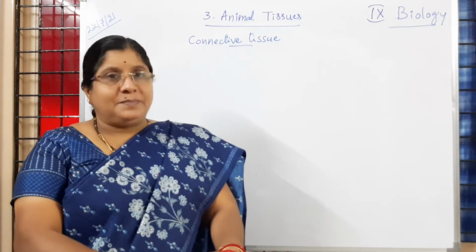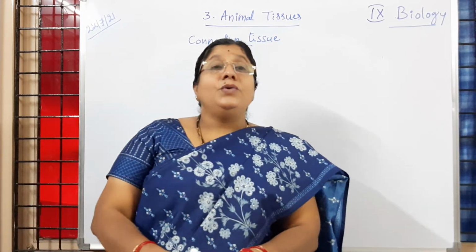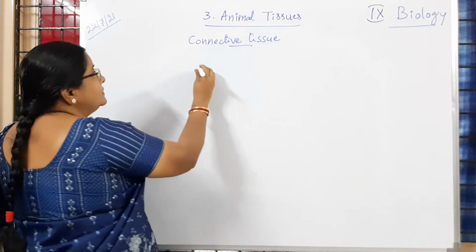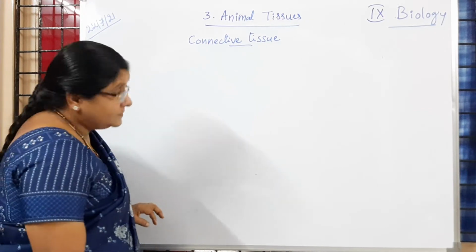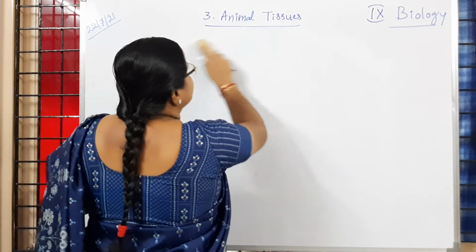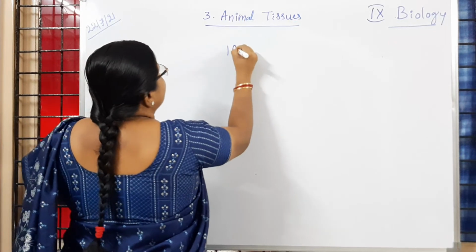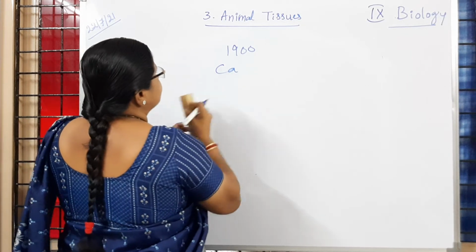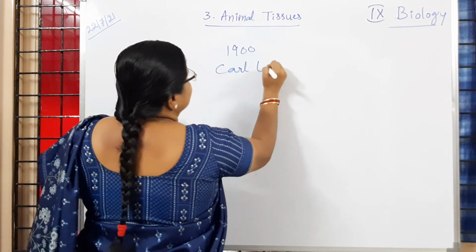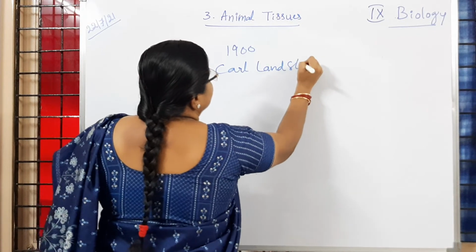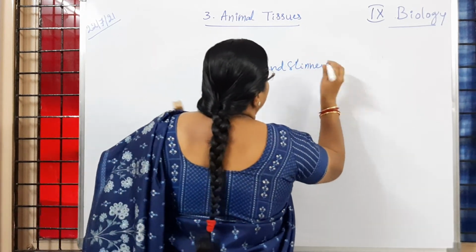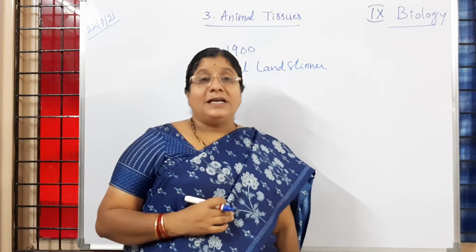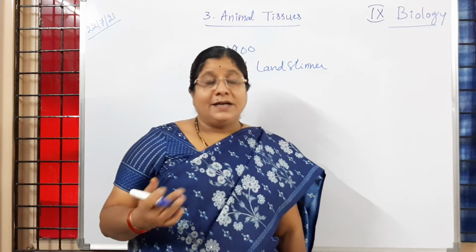So for the first time, who studied about the blood groups? In 1900, Carl Landsteiner studied about the blood, and different blood groups.